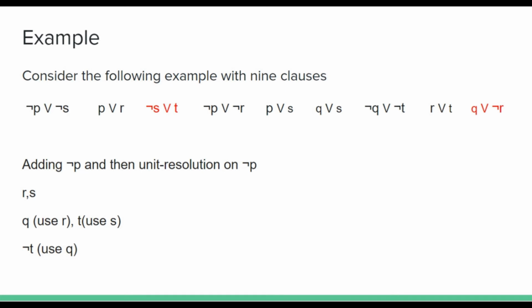Using q and the clause not q or not t, we can derive a new unit clause not t. Now we have both the unit clause t and not t, yielding the empty clause. So also in the second case we have derived a contradiction. So in both cases we found a contradiction, showing that the formula is unsatisfiable.